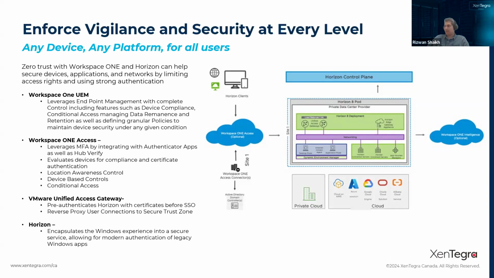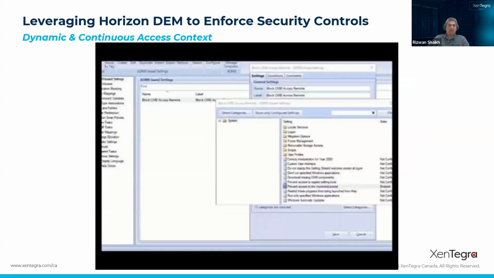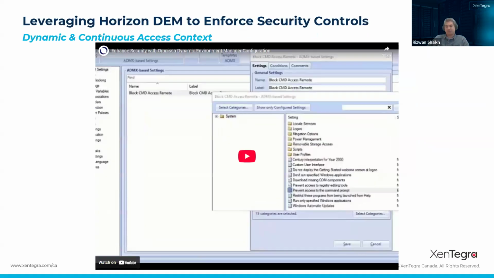Take a look at this example where we talk about how a feature of Horizon, called DEM, Dynamic Environment Manager, can mitigate access to a command prompt. When we define the controls on a Horizon environment, Dynamic Environment Manager plays a very important role. With Dynamic Environment Manager, you can define dynamic controls on the machines, on the user access, as well as on the virtualization desktop.